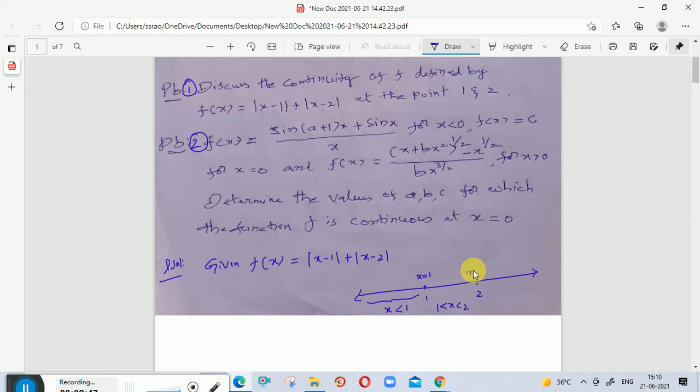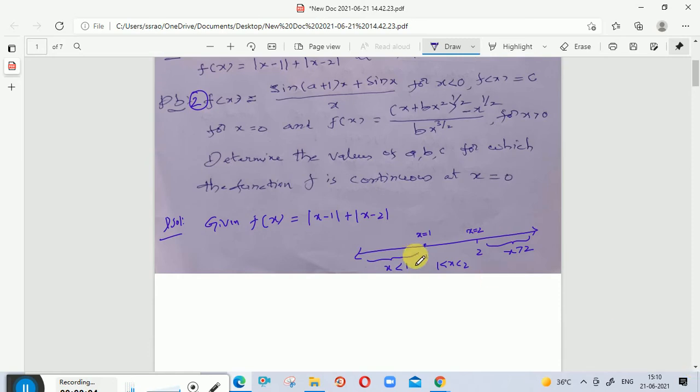Here x greater than 2. Now we have to find the value of f if x is less than 1, if x is equal to 1, if 1 is less than x is less than 2, if x is equal to 2, if x is greater than 2. Okay?